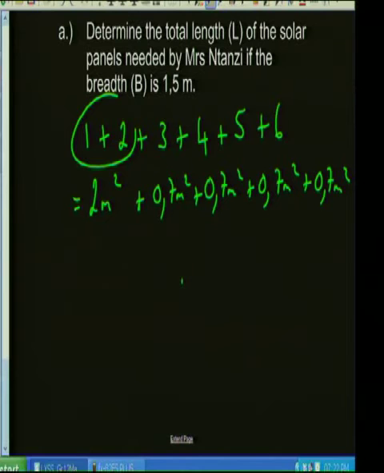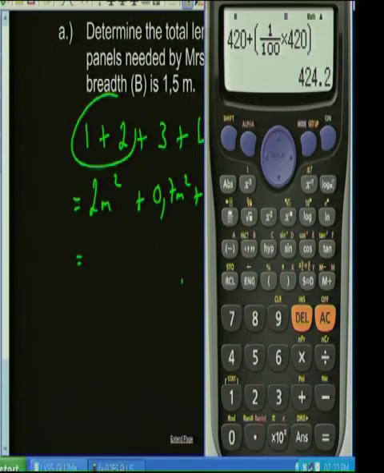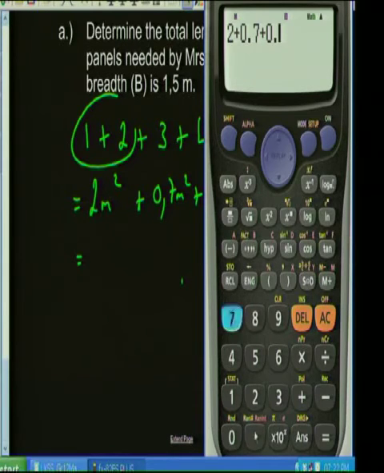So what does all that add up to? Well, our calculator is going to do that for us. It's going to say 2 plus, so that's person 1 and 2, we need 0.7 plus 0.7 for person number 4 plus 0.7 for person number 5, and finally 0.7 for person number 6.